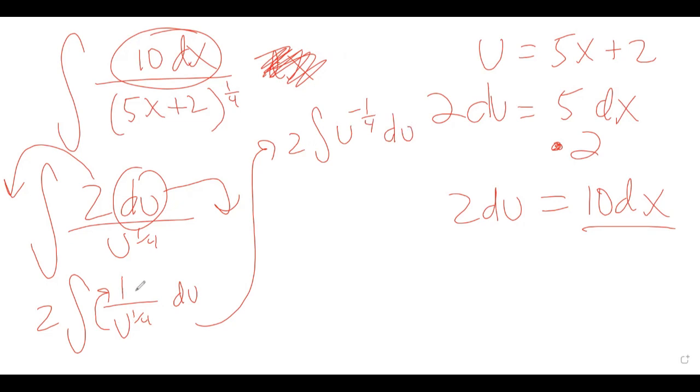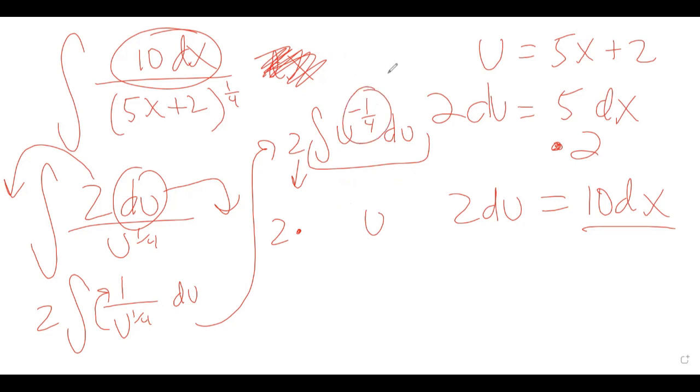I move it to the top and the power becomes negative. The reason I did that is because if you look in your formulas, we can use formula number 2 on this integral right there. So here's what this would look like. Keep the 2 on the outside as is. Now, to find the antiderivative of this, keep u there, but then add 1 to the power.